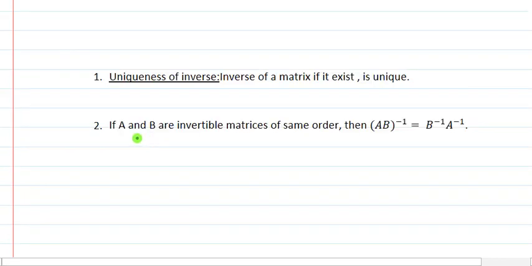And the second result is, if A and B are two invertible matrices of the same order, then (AB) whole inverse is equal to B inverse into A inverse. This property can be easily proved by taking any example of invertible matrices A and B.